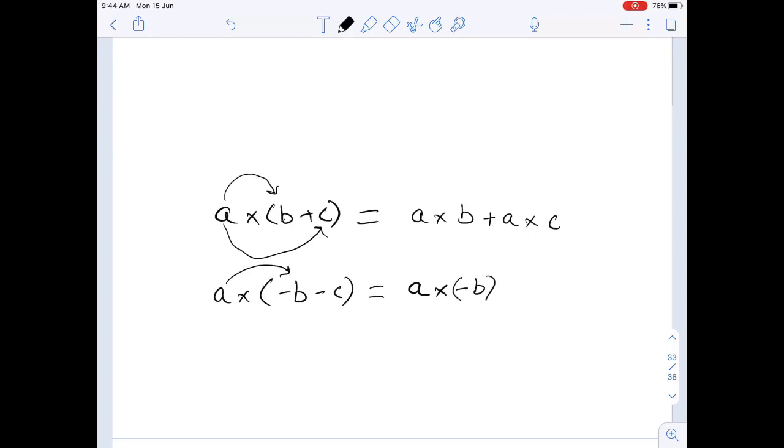Then next, what is the sign for this a? It is plus, so we will write here again plus a into. Now this a will multiply with this minus c, so the sign for c is minus, so we will write here minus c. Okay, now based on these properties we have to solve some examples.